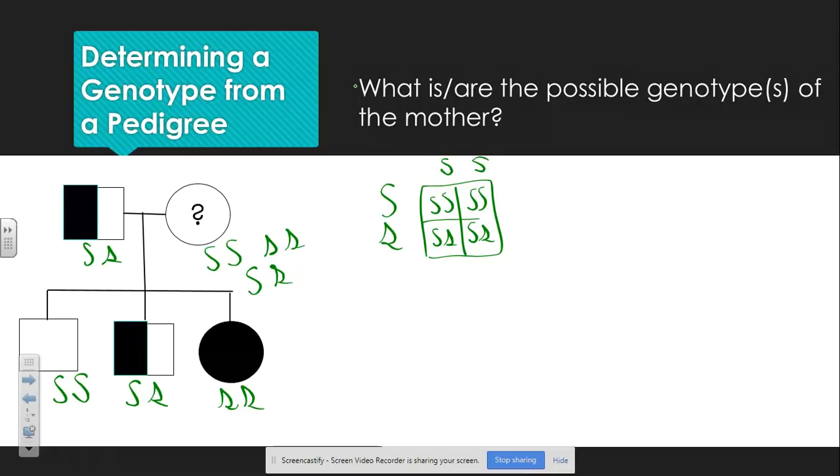Okay, in this cross, we have two possible genotypes. We have homozygous dominant, which could give us this child, and we have heterozygous, which could give us this child. But that would not explain the daughter who has sickle cell disease. So mom cannot be homozygous dominant.